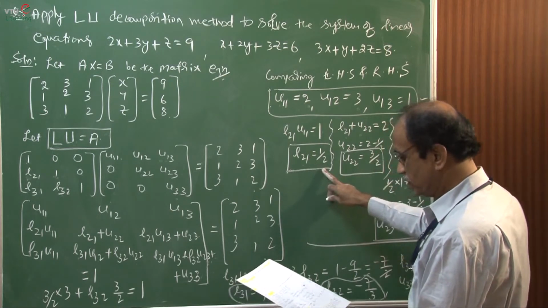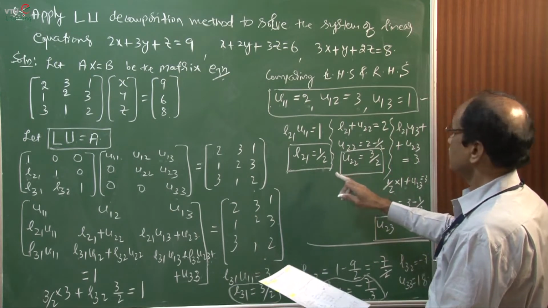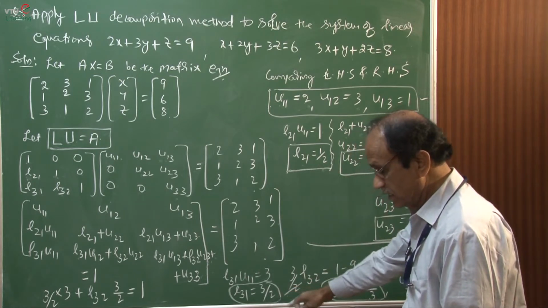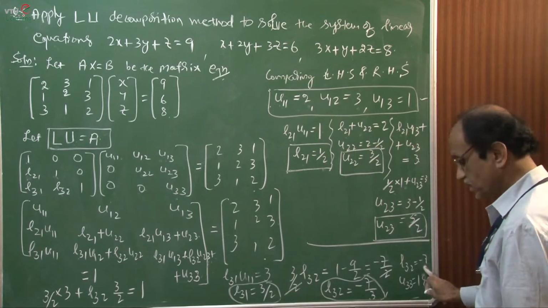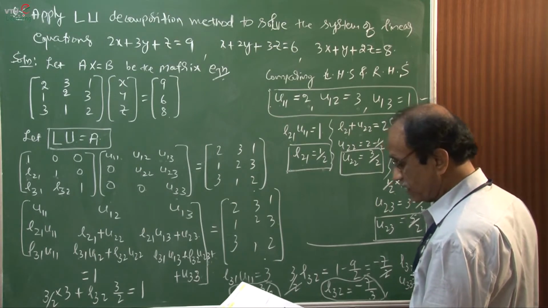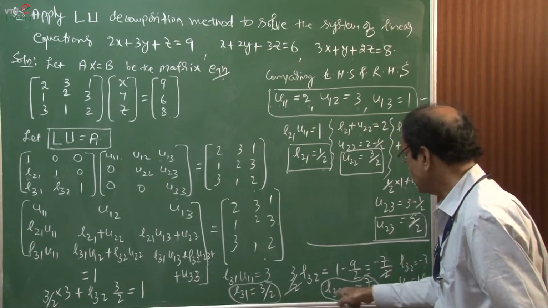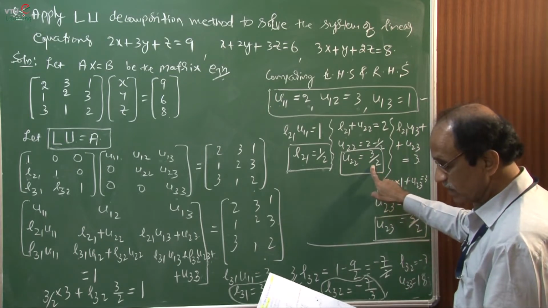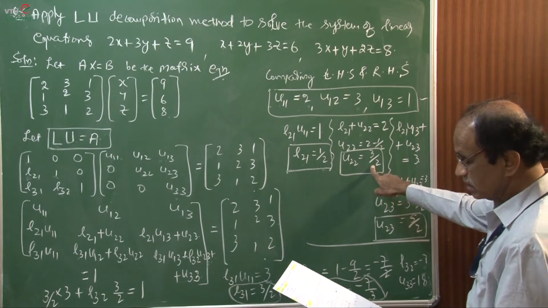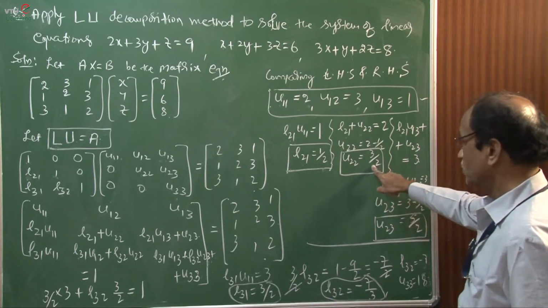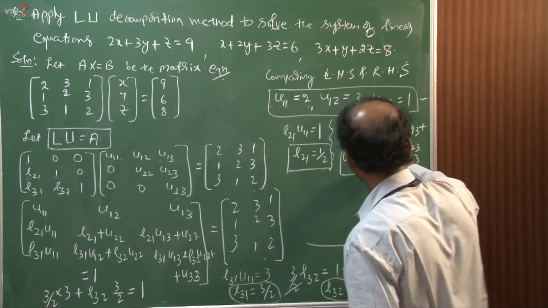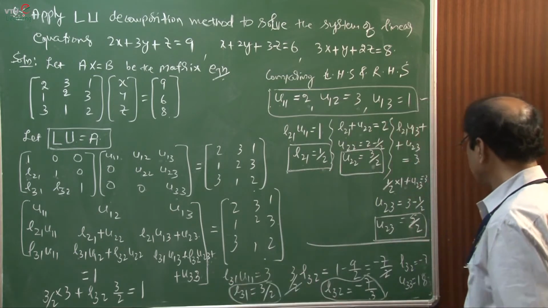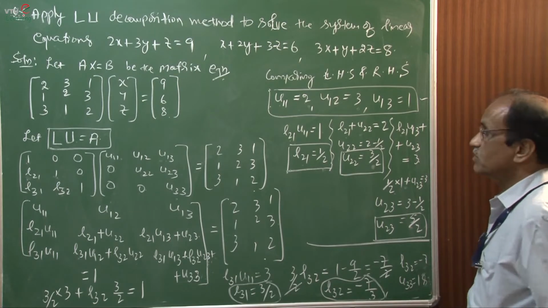L21 is 1 by 2, L31 is 3 by 2, this is correct, and L32 is minus 7, this is correct, and U22 is 3 by 2, that is right, and U23 is 5 by 2, that is correct, and U33 is 18.